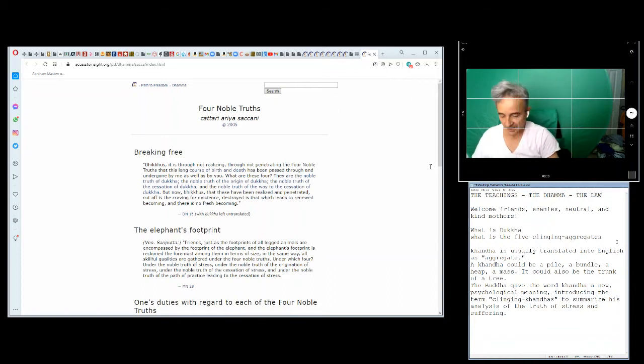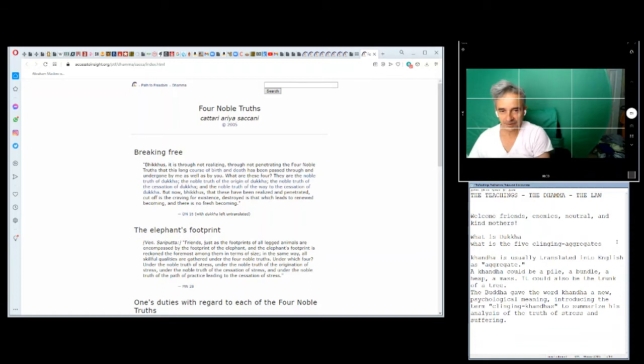It can mean different things, or there are many ways of translating it. There are many ways of translating Dhamma, and each way has its merit for different occasions. And so the Dhamma, I'm translating it as the teachings, but also Dhamma is translated as the law.